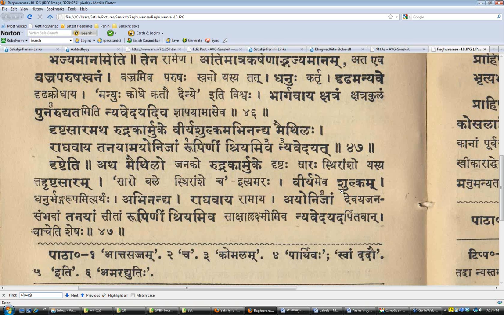The object is Shulkam. And Shulkam has the adjective Drishta Shulkam. Virya Shulkam has the adjective Drishta Saram. Drishta Saram, the Drishta part of it connects to Rudra Kalmukhe. So that's how this whole thing is constructed now. So Rudra Kalmukhe, Drishta Saram, Virya Shulkam.